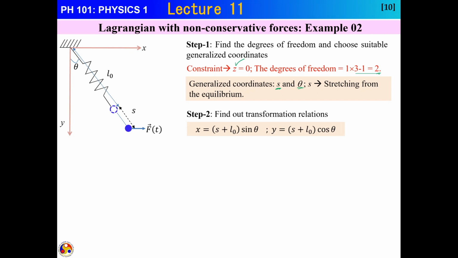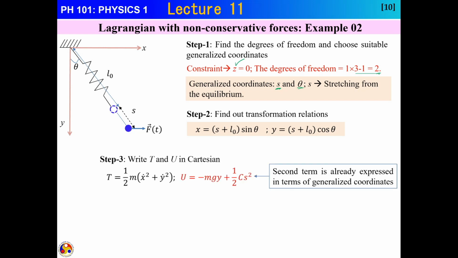The transformation relation is: x will be (L0 plus s) sin theta, and y will be (L0 plus s) cos theta. Once you have that transformation relation, write both T and U in Cartesian coordinates, the kinetic energy and potential energy terms. Then you convert these into generalized coordinates.